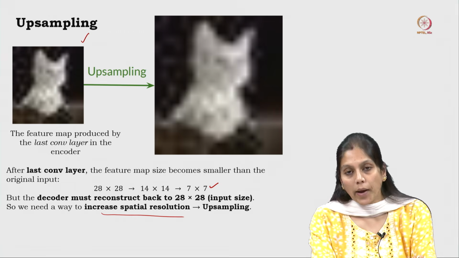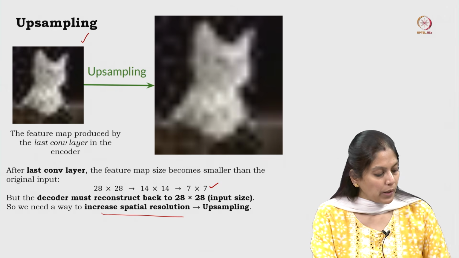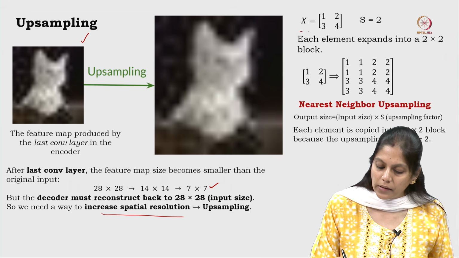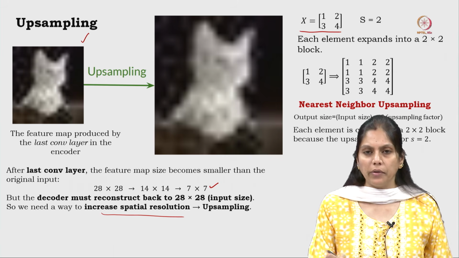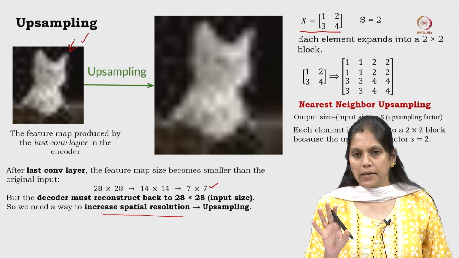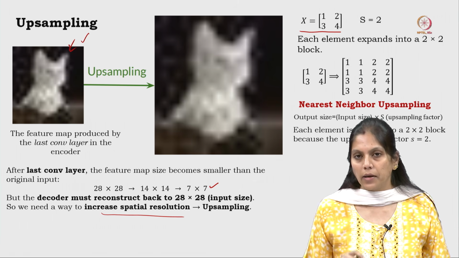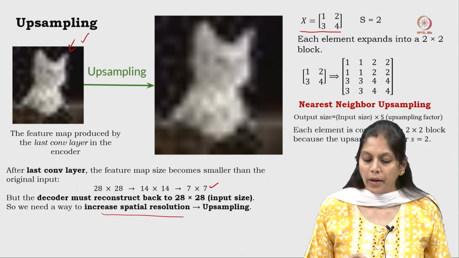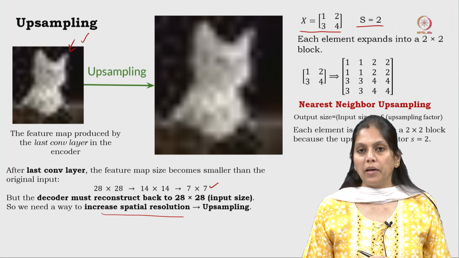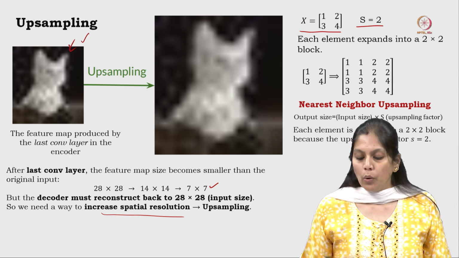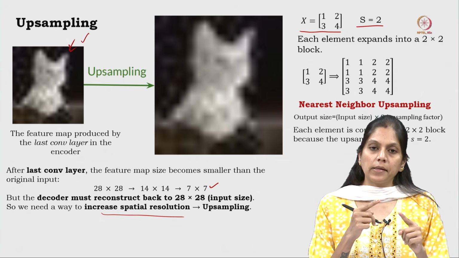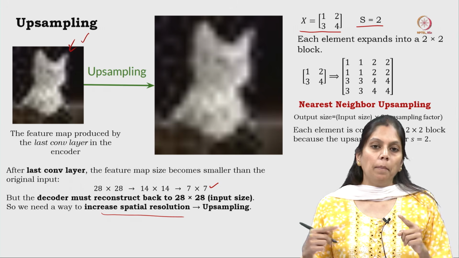What different ways can you do upsampling? The first method is, let us assume this is x, which is 1, 2, 3, 4. Just for understanding the upsampling technique, we have taken a smaller dimensional input, and s is the sampling factor. Here the sampling factor s is equal to 2. What is the meaning of this? Each element in x should be expanded by 2.